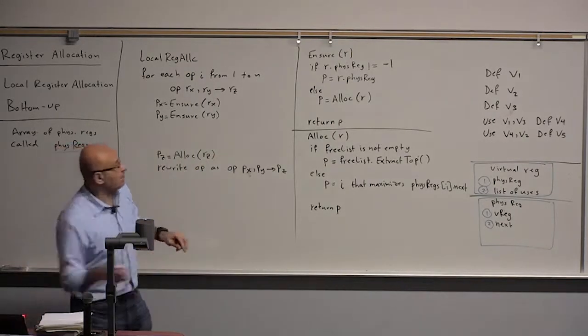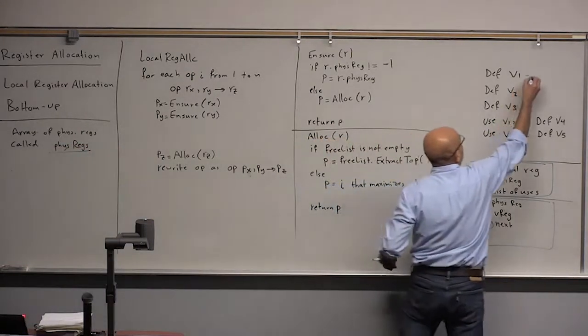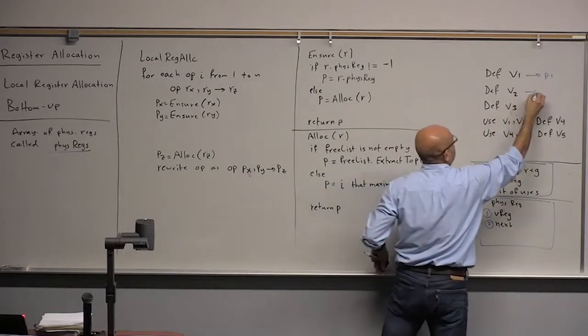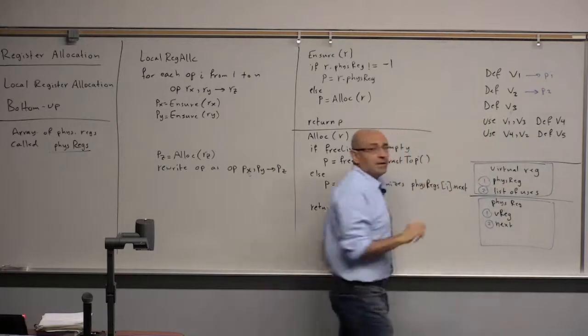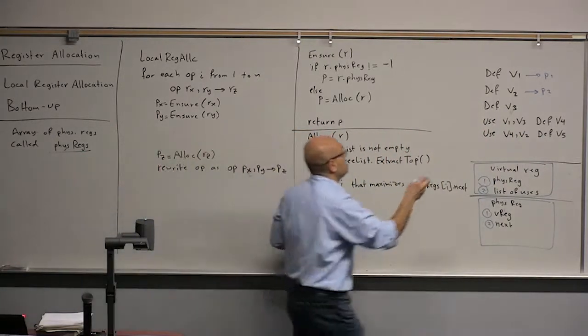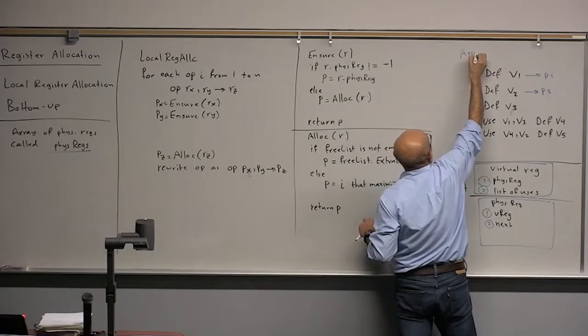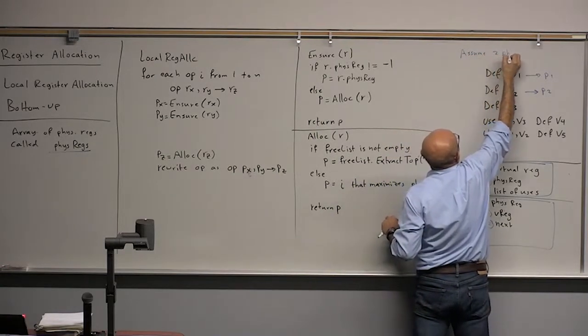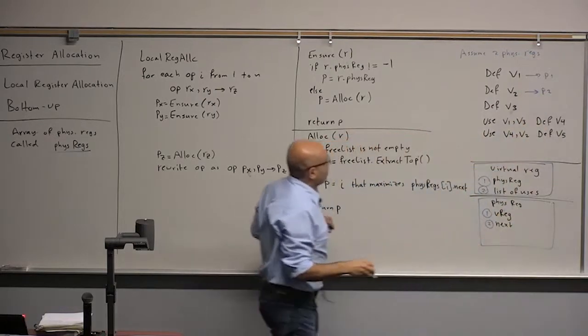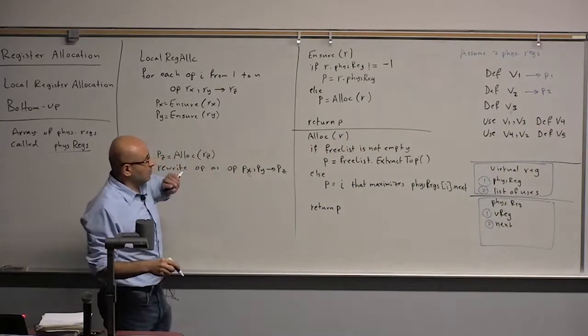So this will map V1 to P1, and similarly this is going to map V2 to P2. Why? Because the free list initially has, we're assuming, 2 physical registers. So these will just grab P1 and P2.